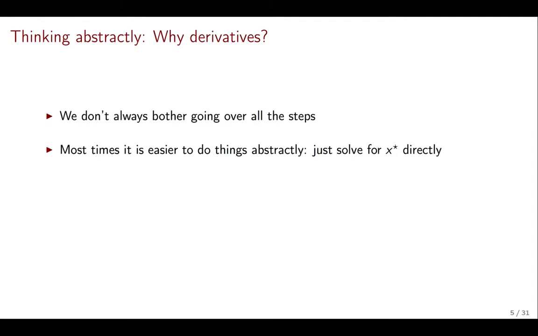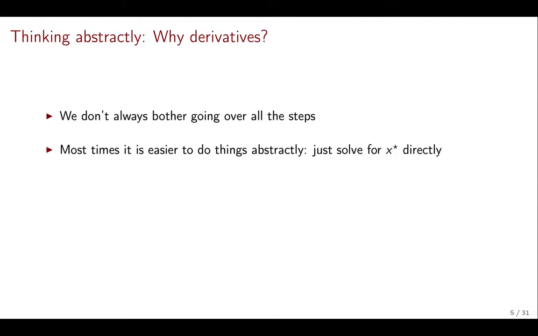So why take derivatives here? Well, we want to model the fact that we don't always bother going through all those steps. Most times it's just going to be easier to think abstractly and solve directly for that critical point. We don't need to go through the steps of, I'm going to take a point, check my derivative, then go up or go down depending on what the derivative is.